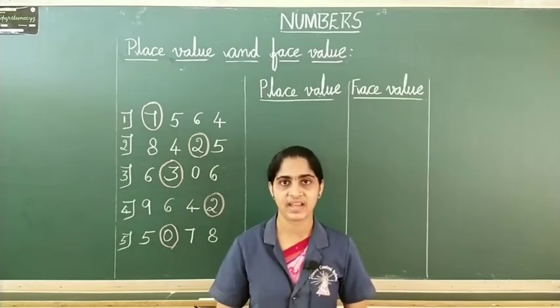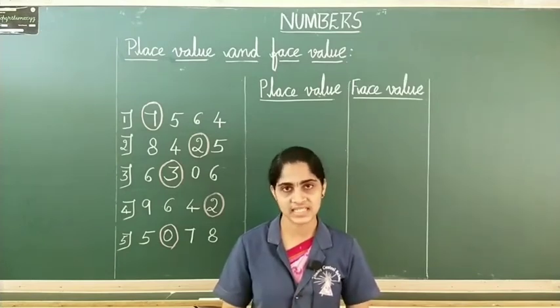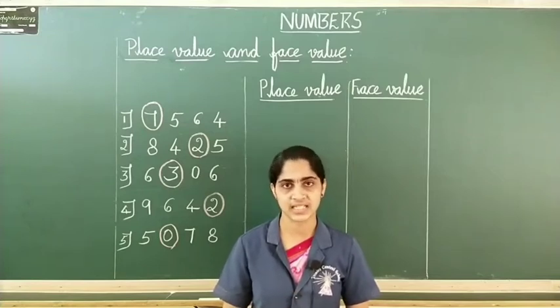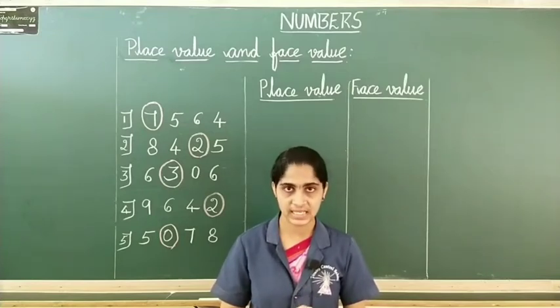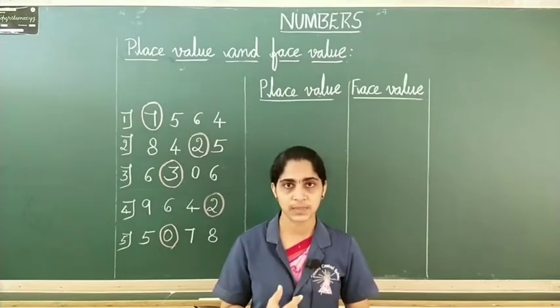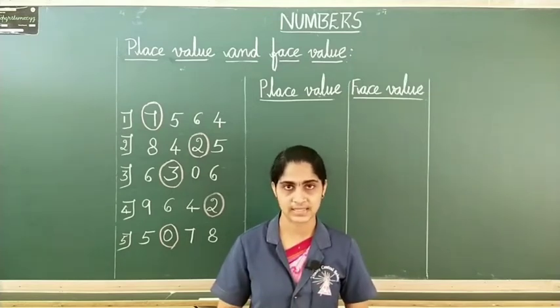In the same way, when we considered place value of a digit, it depends on the place of the digit. When I say place, it depends on the ones place, tens place, hundreds place or thousands place.